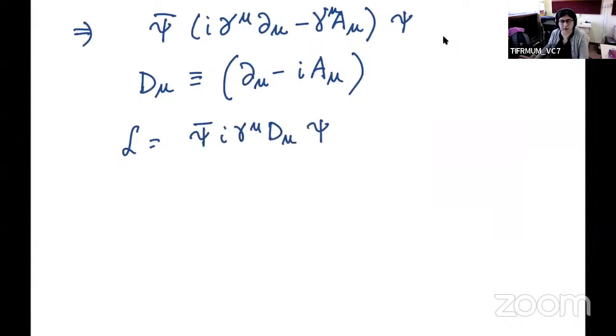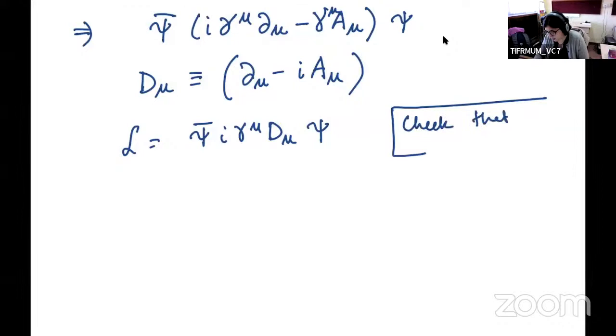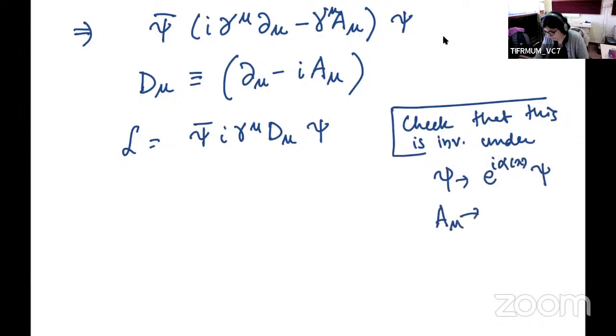So this is what your Lagrangian now looks like. And again, I will leave you to check. And this is invariant. Okay, so this is your transformation now together, and this Lagrangian is now invariant under it.